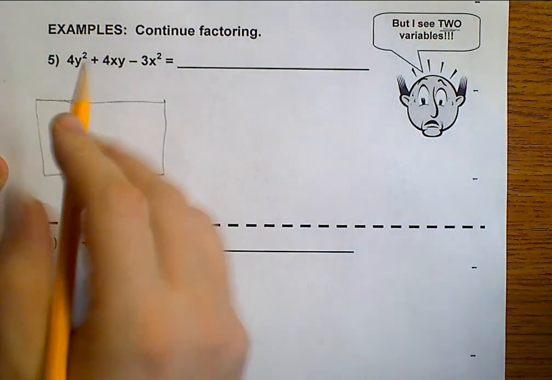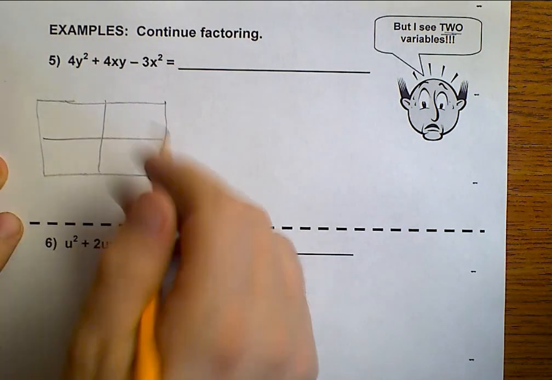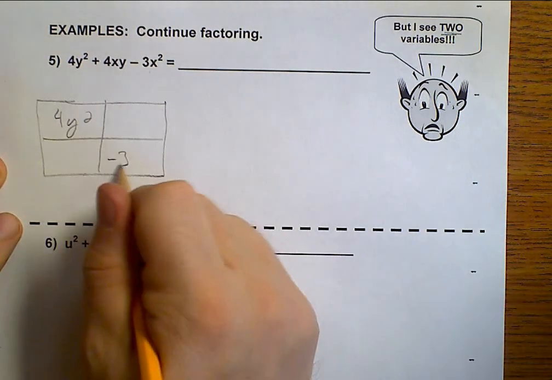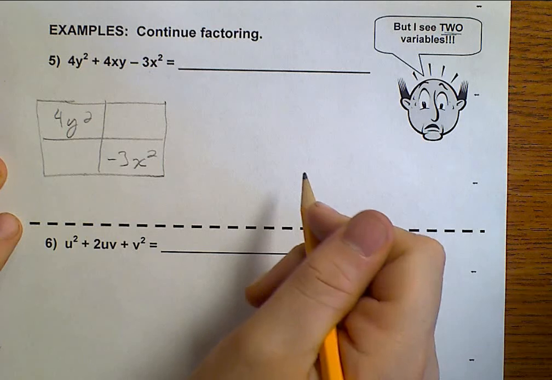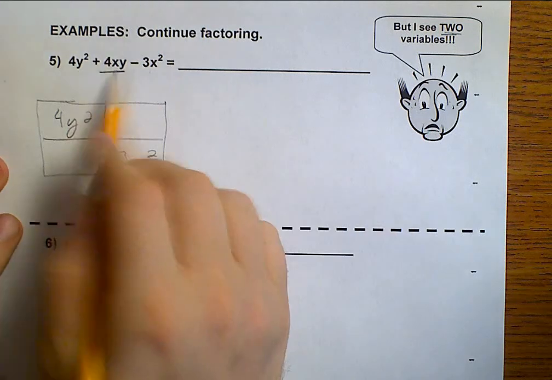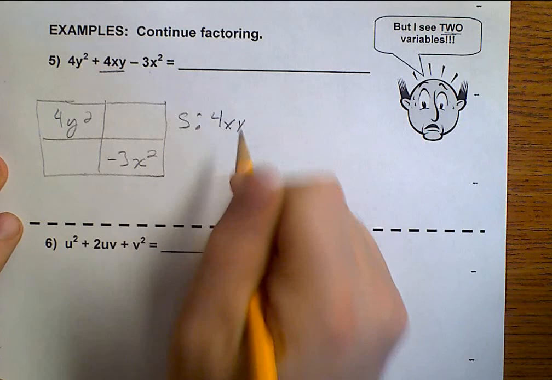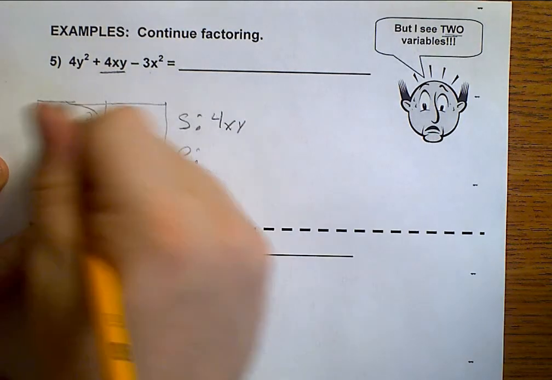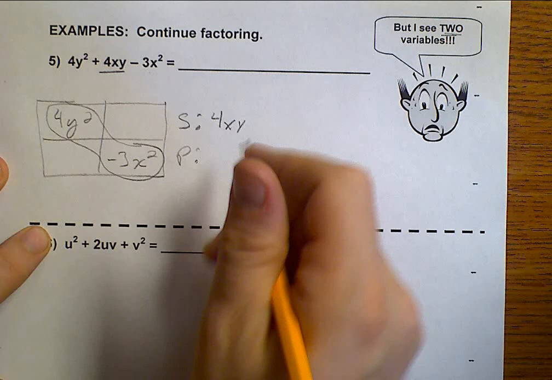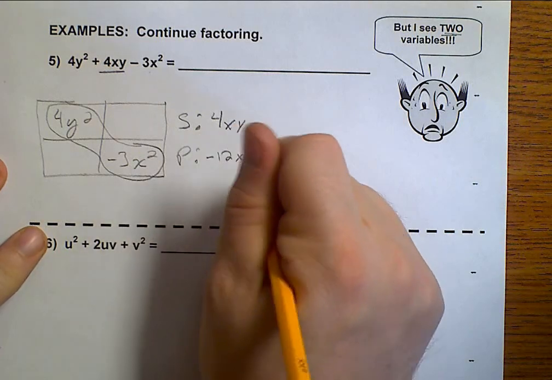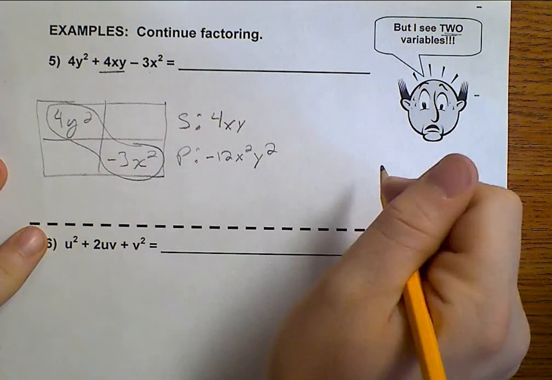Our first term goes in the first box, 4y squared. Our last term in the last box. We still want our sum of 4xy, and our product this time would be negative 12x squared y squared.